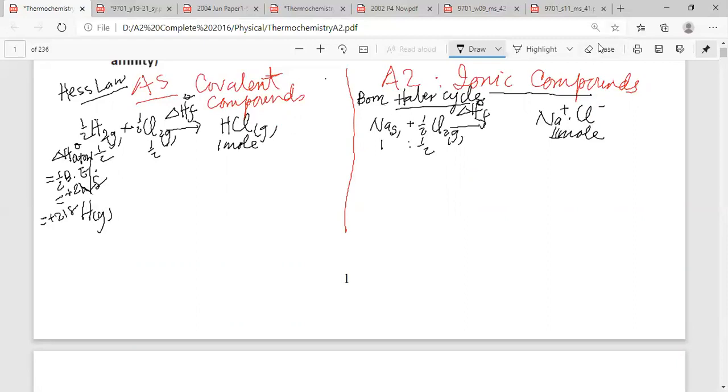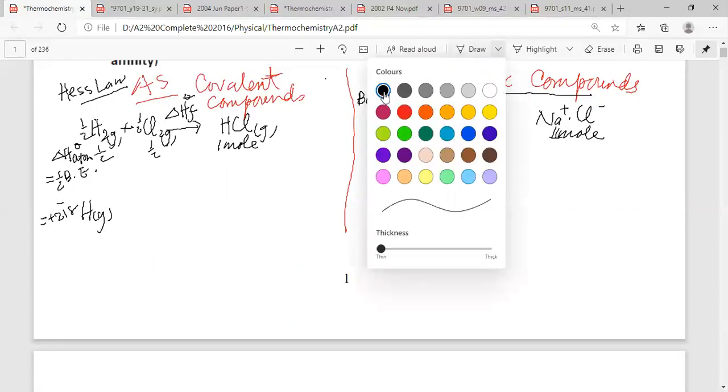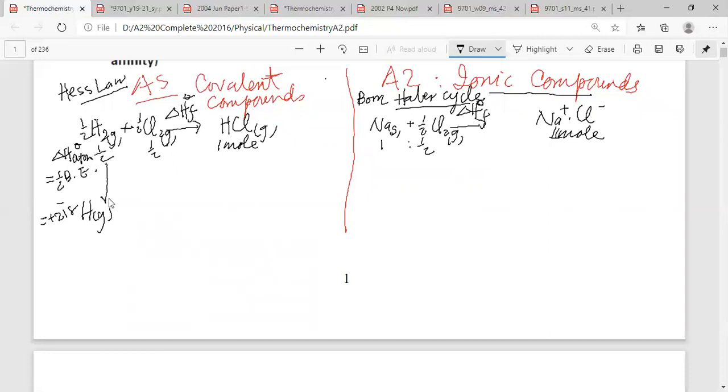We put nicely here. Erase this part here. From here to here, the arrow. So now this is ready because for hydrogen atoms, there's one electron now. So it's a free radical.